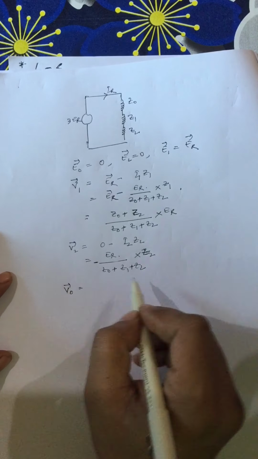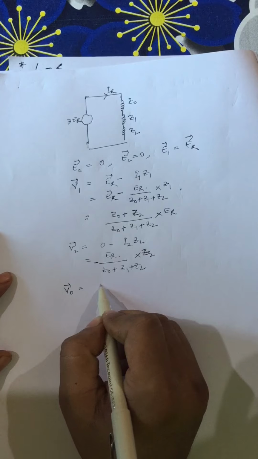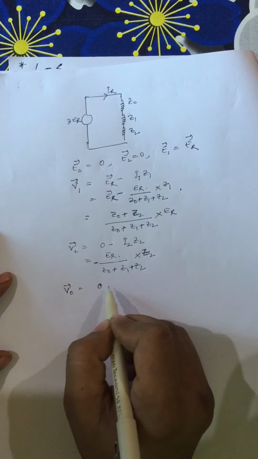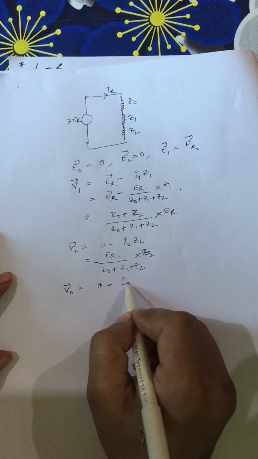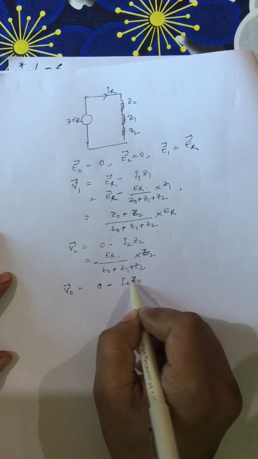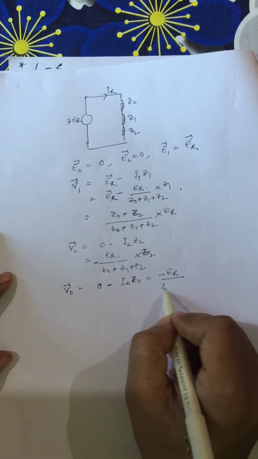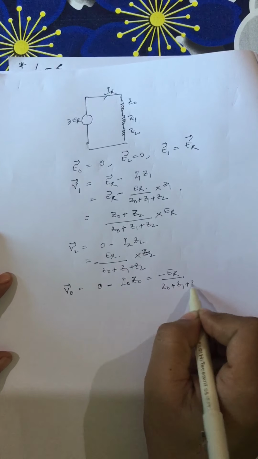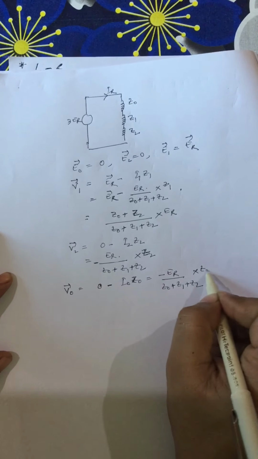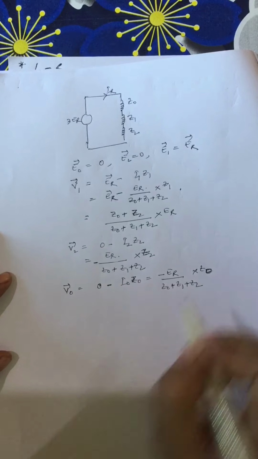V0 will be, again we don't have any zero sequence induced EMF, so it will be 0 minus I0 Z0. This will be equal to minus ER divided by Z0 plus Z1 plus Z2, times Z0.